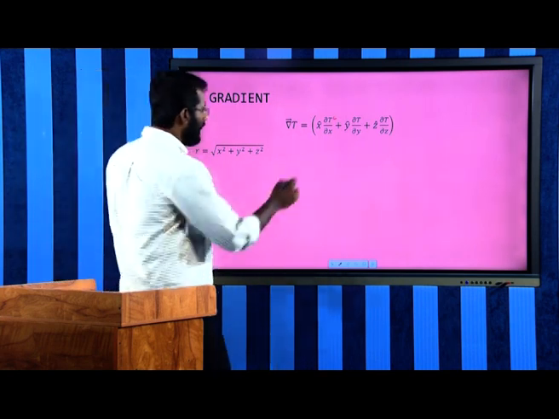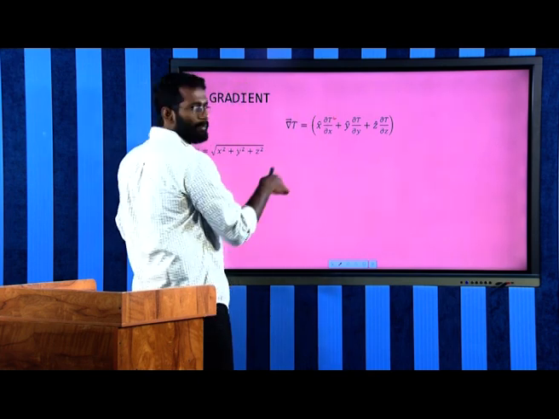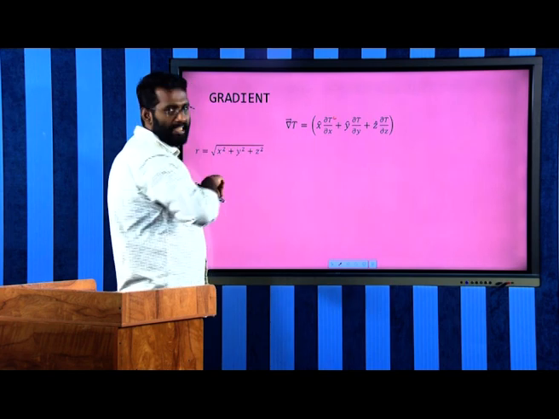For that, instead of this T, we replace it with this function, because we want to find the gradient of this function.